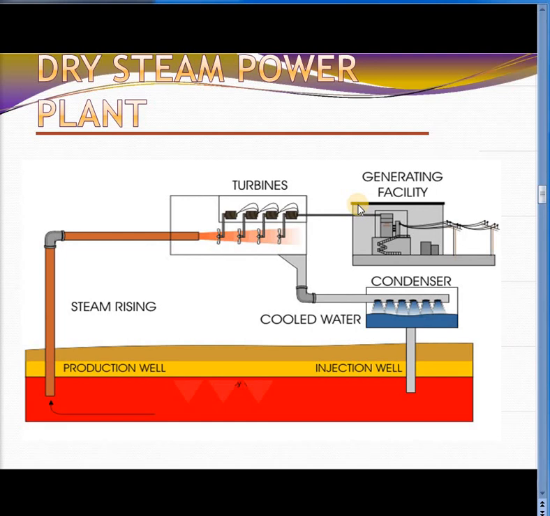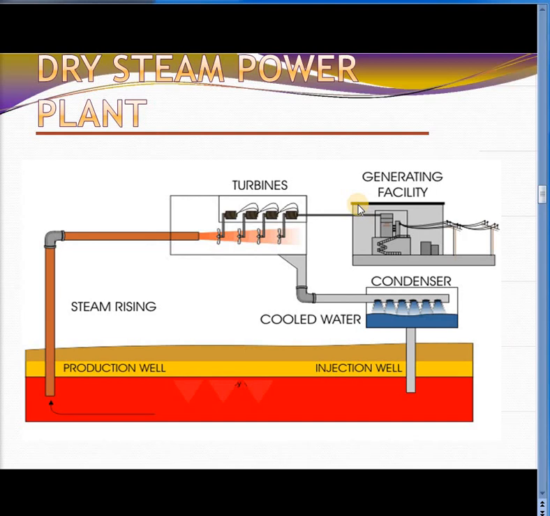Okay, so moving on towards dry steam power plants. Now, what we saw were the components which were used for these plants. Now we will see how a dry steam power plant works.